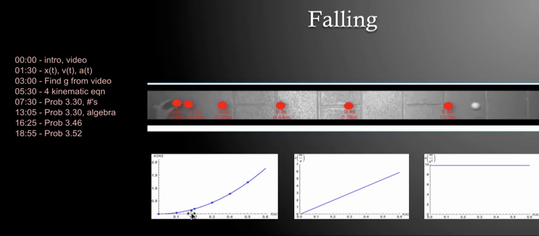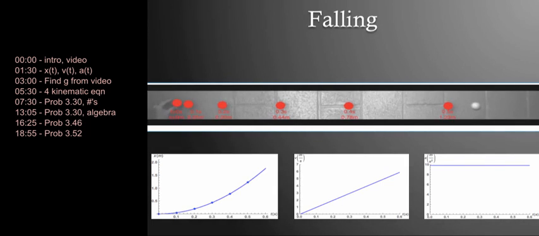If we took the derivative of the position with respect to time, what we're doing is extracting the slope at each position. So here the slope is like this, and here it's like this. You can see that it's getting steeper with time. Here the slope is quite a bit steeper than initially.